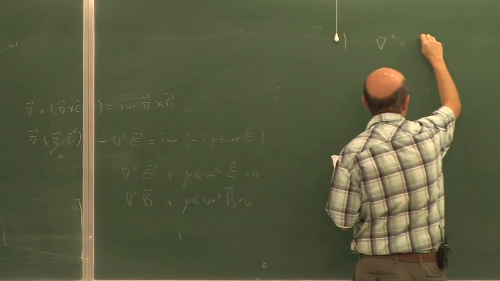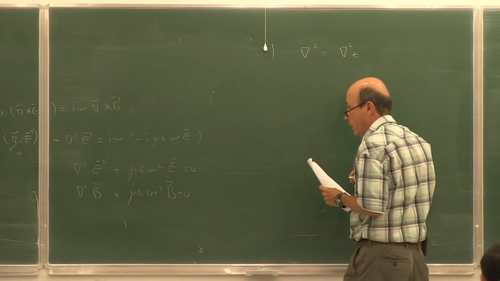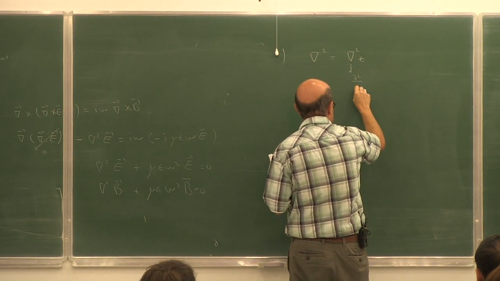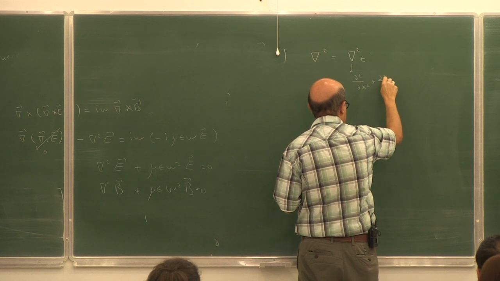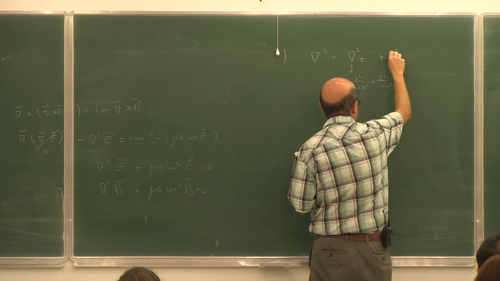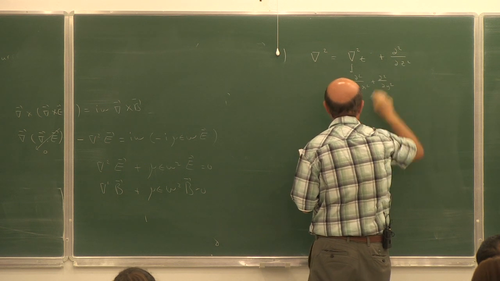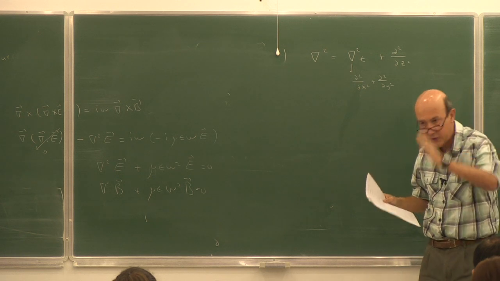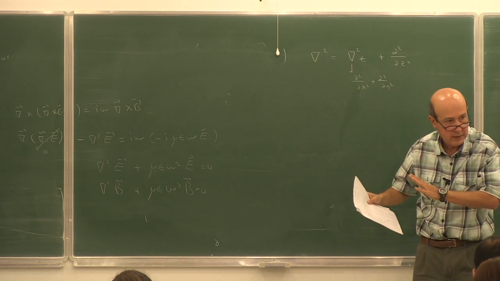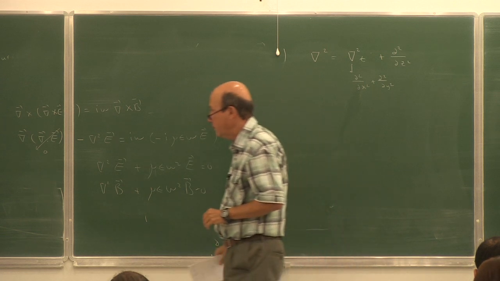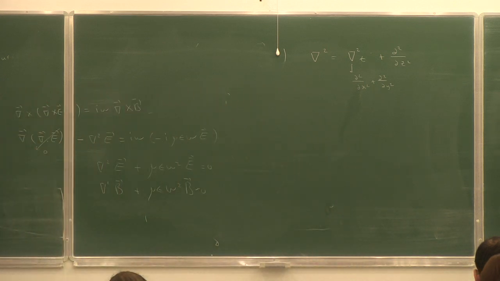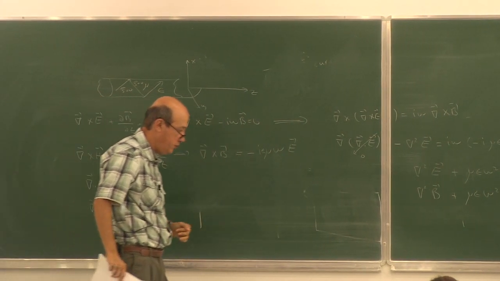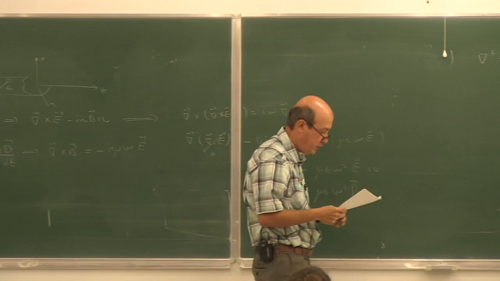One will be the Laplacian for the transverse, that is nothing but del square over del x square plus del square over del y square. The other is del square over del z square. We will try to decompose everything, Maxwell's equations, in the transverse and longitudinal direction, two of them scalar and two of them vectorial. So we will study the transverse and longitudinal forms of the Maxwell's equations.